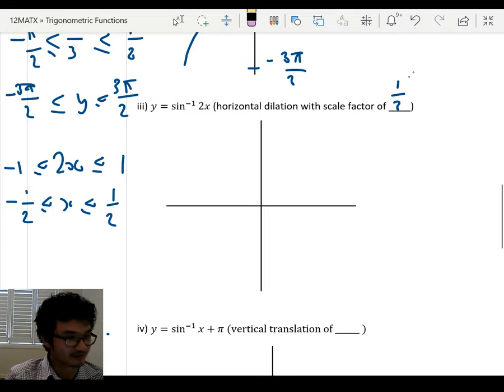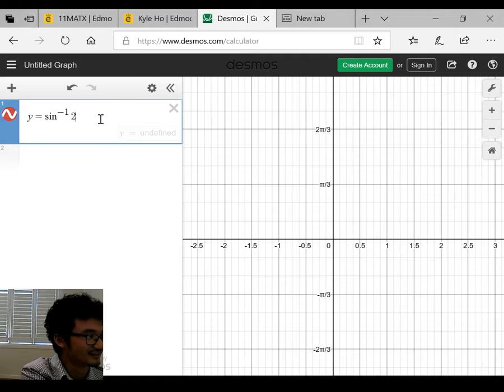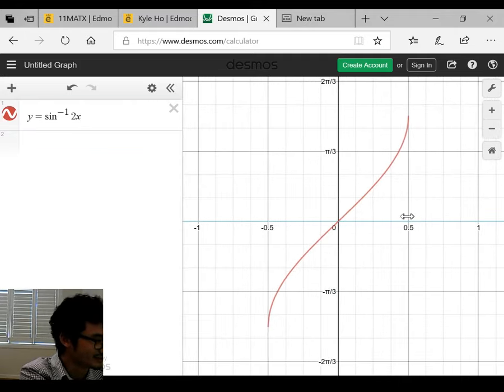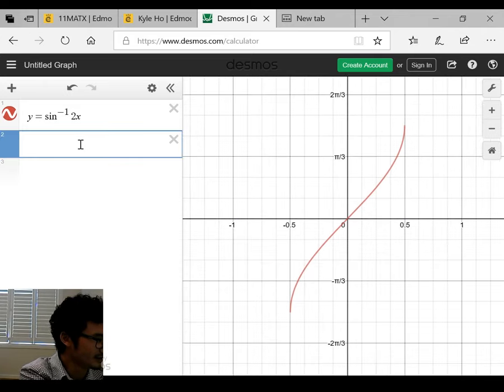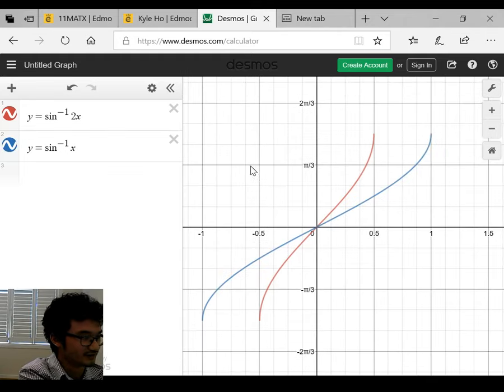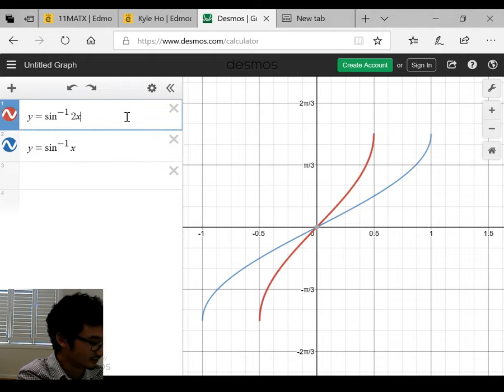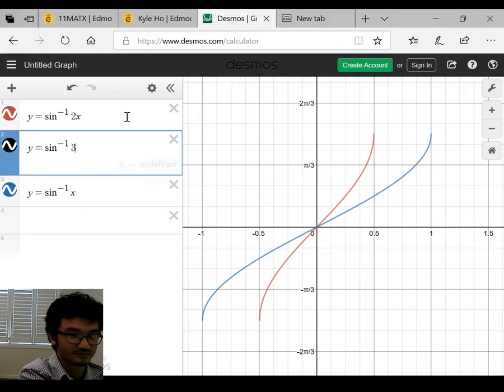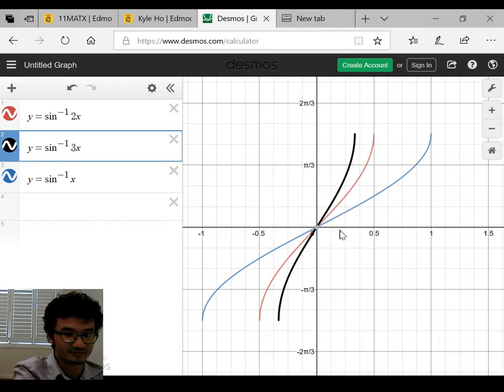Maybe we can have a go at drawing that. So there's the construction, and hopefully it's pretty clear why that's happening, right? So there's the original, and if we had a coefficient of 3, cool.